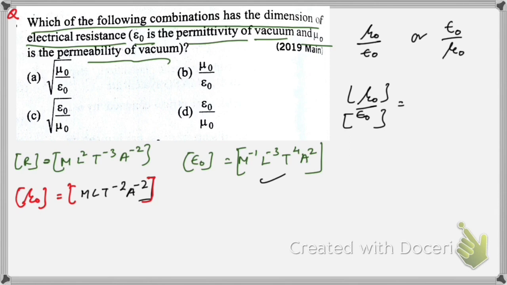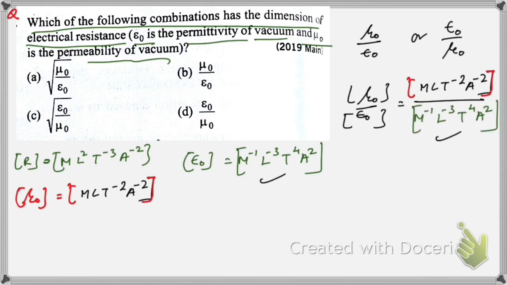So first let me write this one. This is the dimensional formula of mu naught, then by that of epsilon naught, right? If you find this ratio, then what will you get?